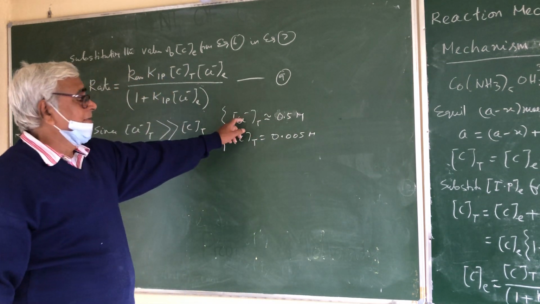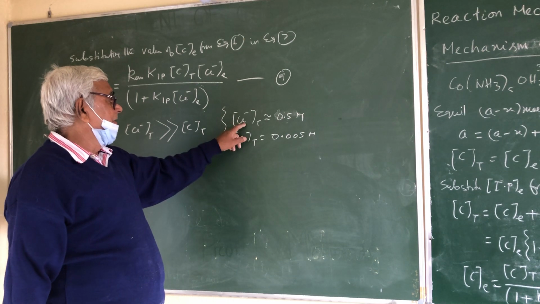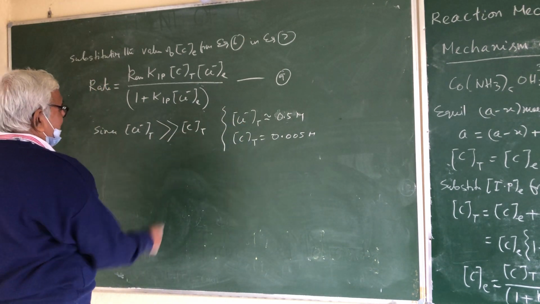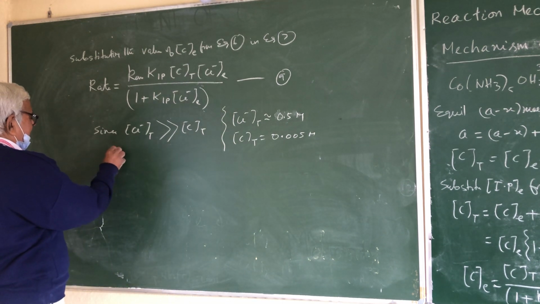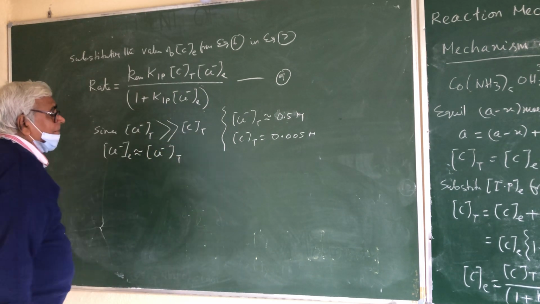This should become much higher, to maintain pseudo-first-order condition. Since chloride total is greater than complex total, chloride at equilibrium will be approximately equal to chloride total.